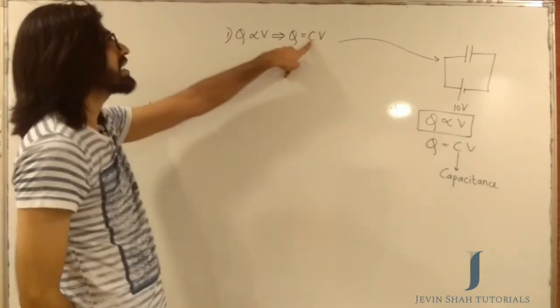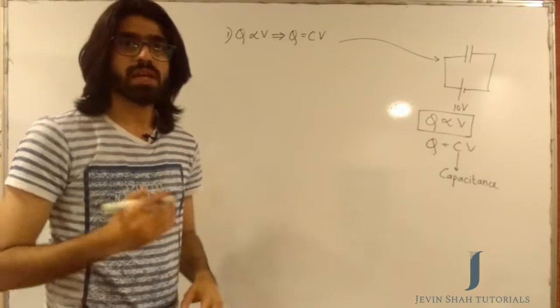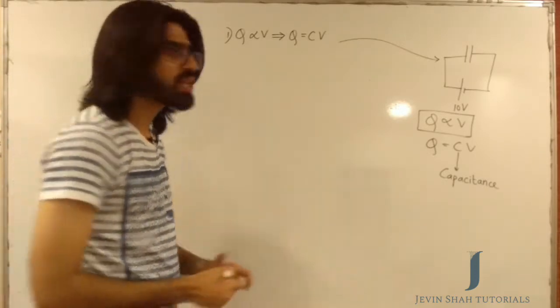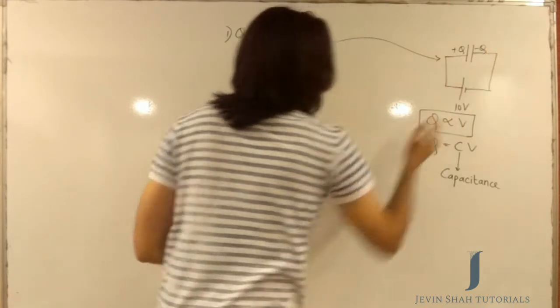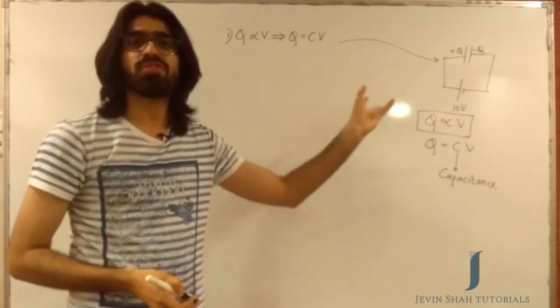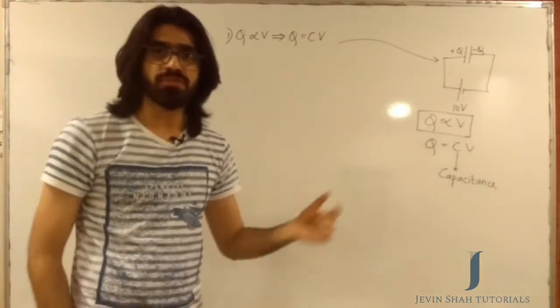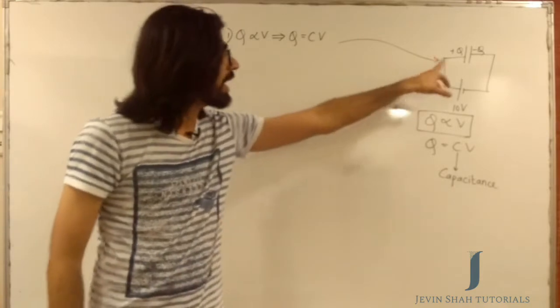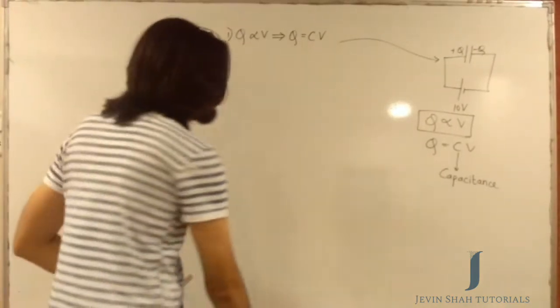Keep in mind that this C is the capacitance of your capacitor. Q is the charge that you are developing on either of the plates. So if this plate has a charge of plus Q, the other one would have a minus Q. Magnitude of any one of them is what we will say is Q. And V is the potential difference that you have generated across the plates of the capacitor. Okay, so that's your first formula.